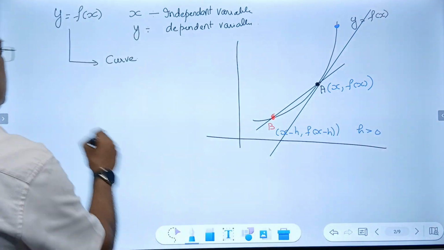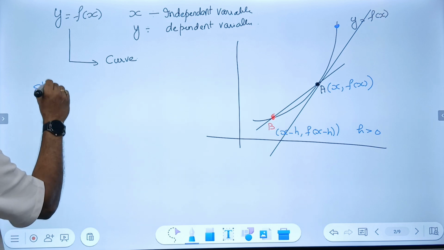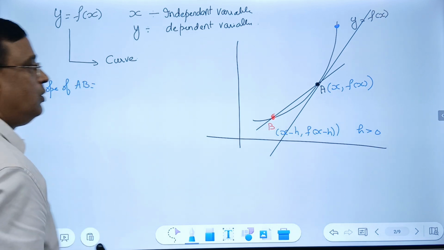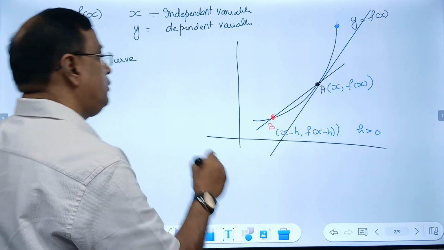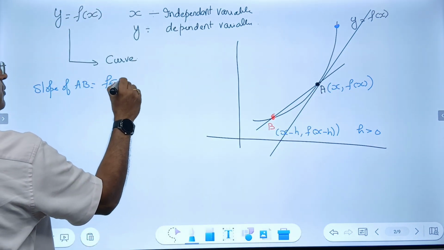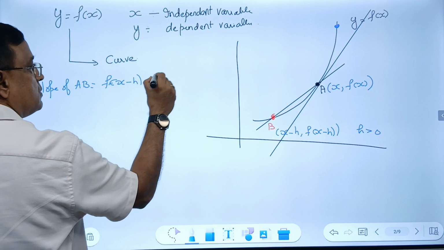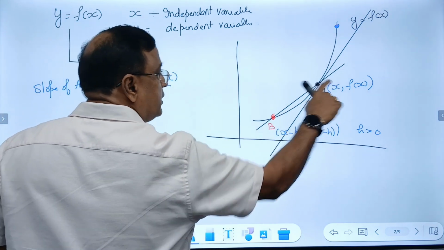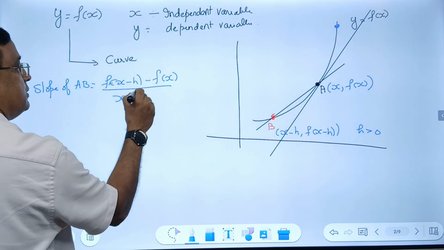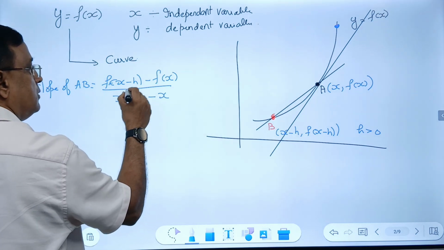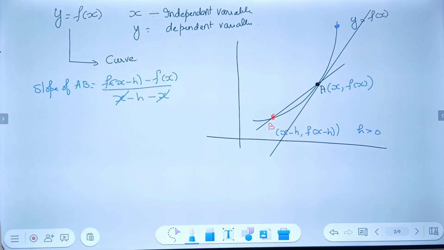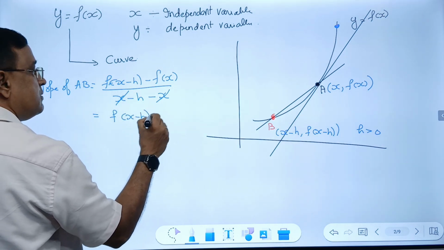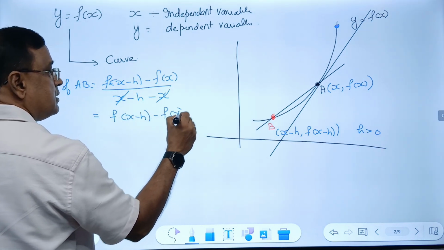So what is the slope of AB? The slope of the secant AB will be y2 minus y1 divided by x2 minus x1. All this you have done in class 11. So I get the slope of my secant as f of x minus h minus f of x divided by h.